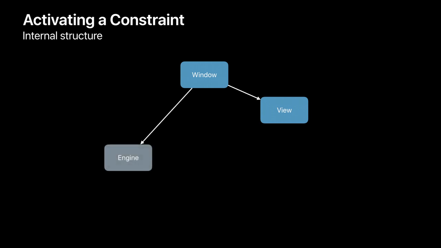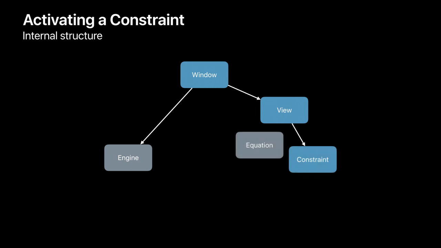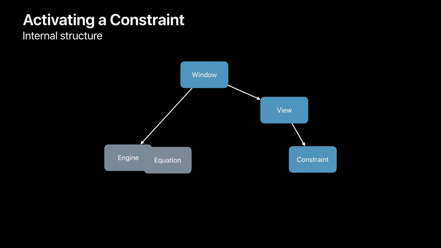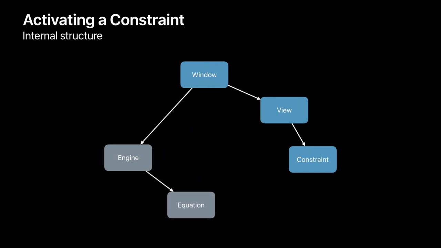Let's diagram it out at a high level. So if this is the view that we're adding the constraints to, this view is in a window. Hanging off the window is an internal object called the engine. And the engine is the computational core of AutoLayout. When the constraint is added, what will happen is that we make an equation which corresponds to the constraint, and we add that equation to the engine.